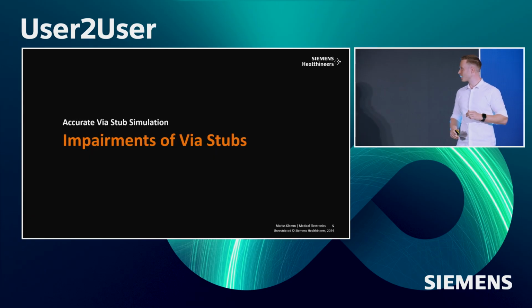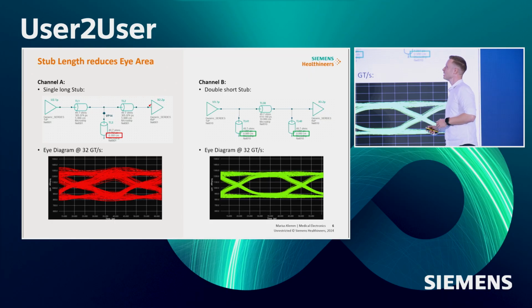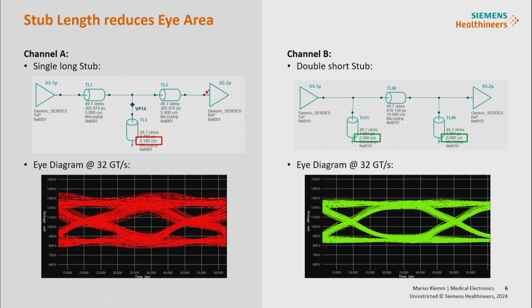So, coming to the actual problem of via stubs, to show this effect, I created two simple channels. The first one on the left is a short PCB trace, and the same on the right one. The only difference is that this stub is represented by a transmission line that is not in the signal path.